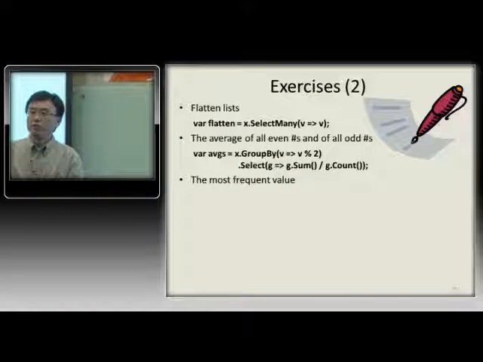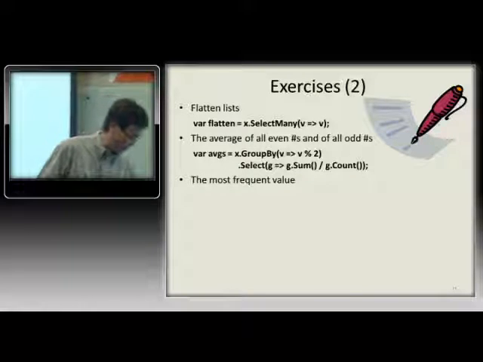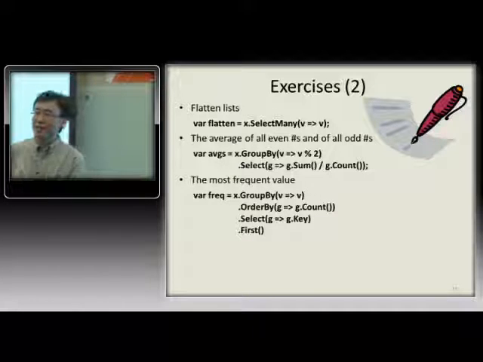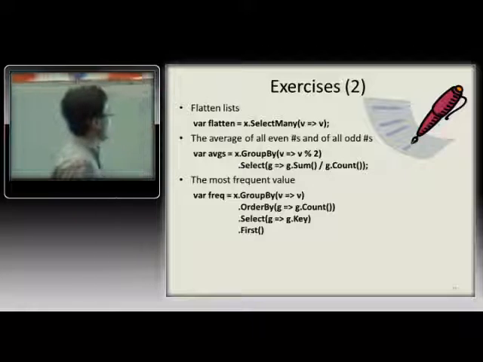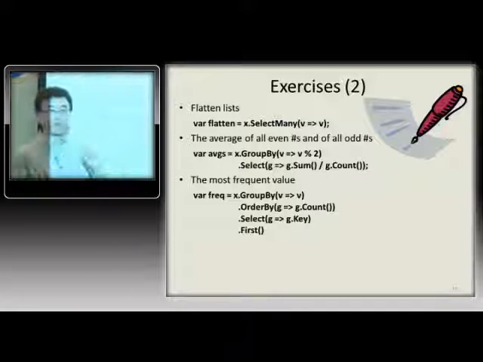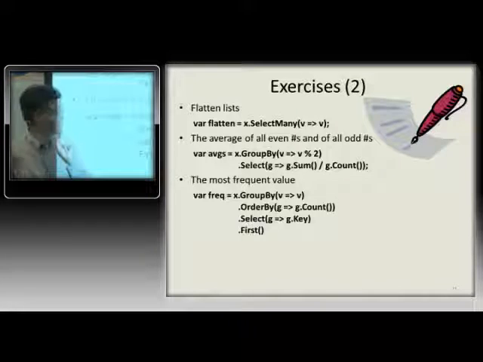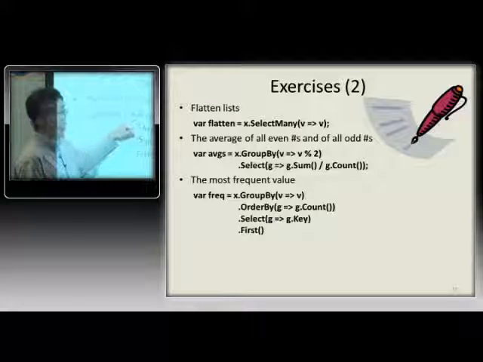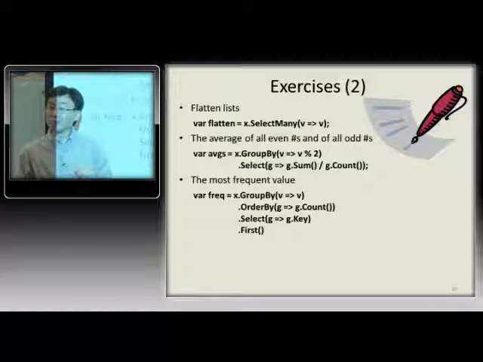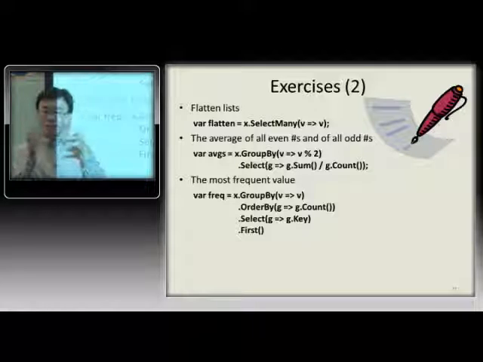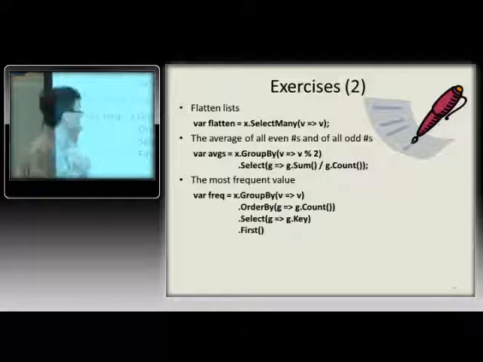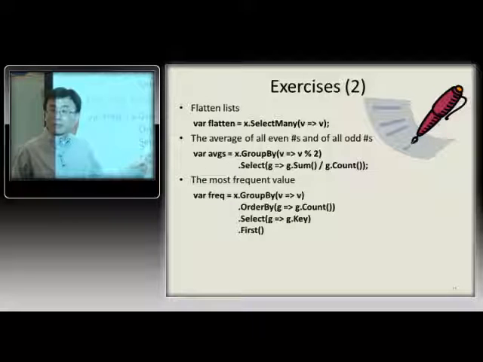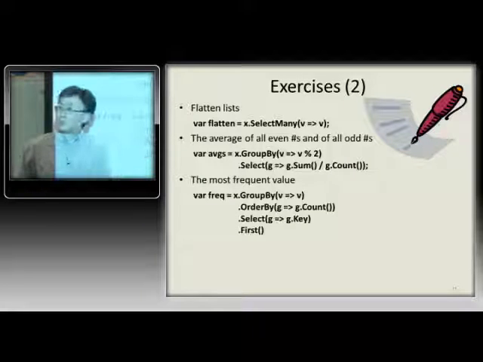The most frequent value. So this is a little bit more complicated. I want to compute the most frequently occurring value in a collection. First I do a group by, so that all the same numbers are in the same group, and then I order by the size of the group.